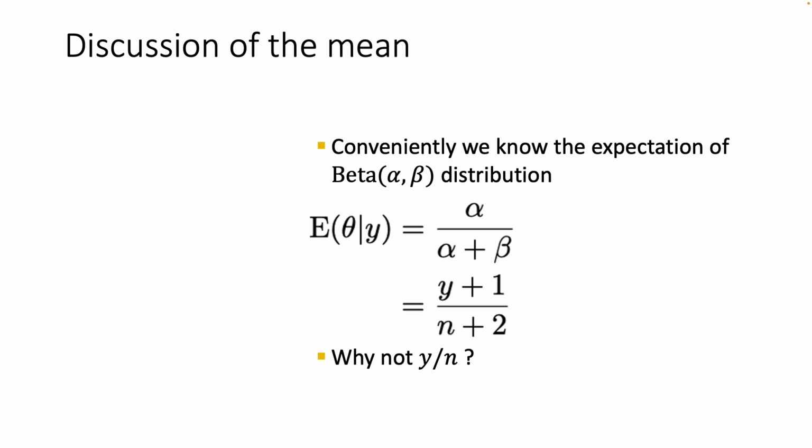What I will tell you more, the classical statistics, frequentist statistics, would give us this result. It would give us y divided by n. So why does Bayesian statistics, in this case, differ, let's say even significantly, in a qualitative way from the classical frequentist result, even if this is a very simple problem?